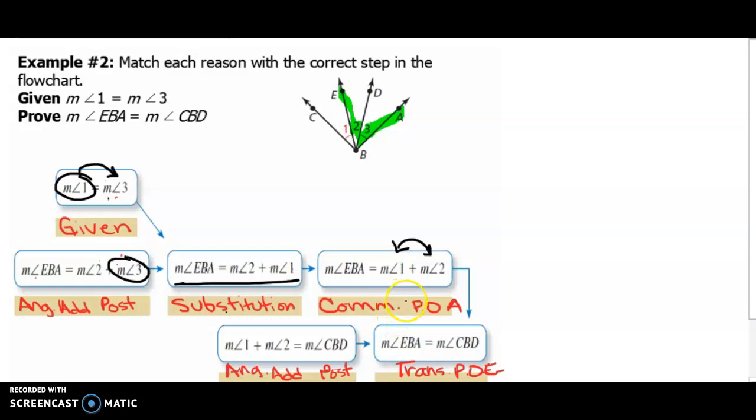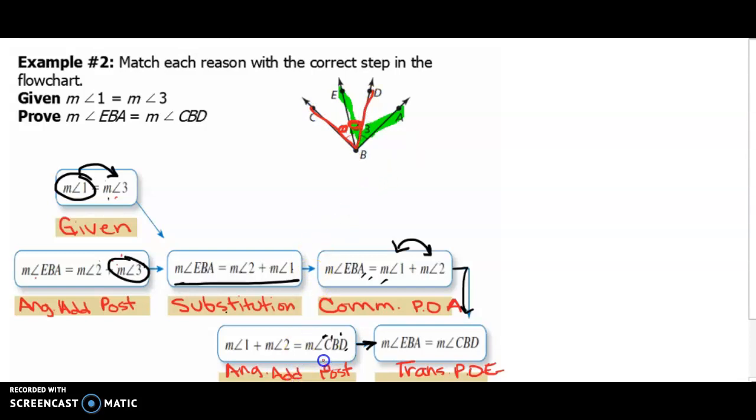So all we did is flip the order that we added, which is the commutative property of addition. Now this is where I don't really like the flowchart proof, guys, because notice from here it goes down, but it also goes from here over. So we need both of these in order to do this last one here. All right, so let's go back to the diagram. Okay, measure of angle 1 plus measure of angle 2 is going to be the measure of angle CBD.